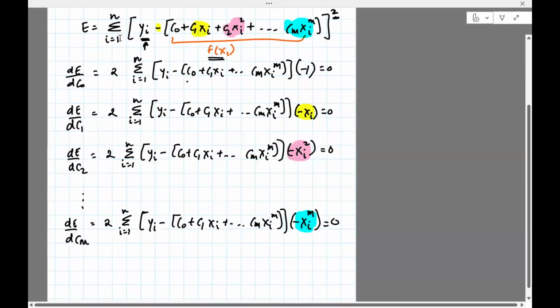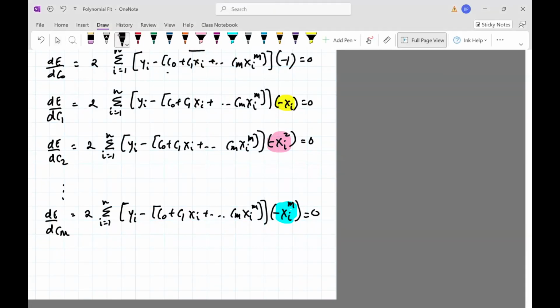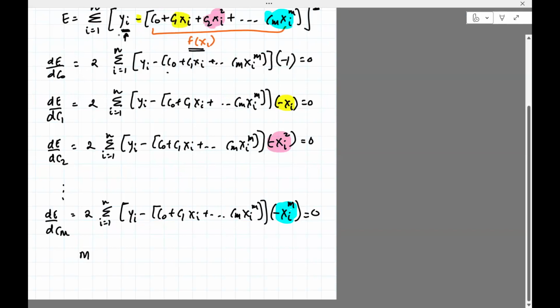Okay, so by taking the derivative with respect to C0, C1, C2, so on till Cm, we have generated m plus 1 equations, and note that there are m plus 1 unknowns, or constants.